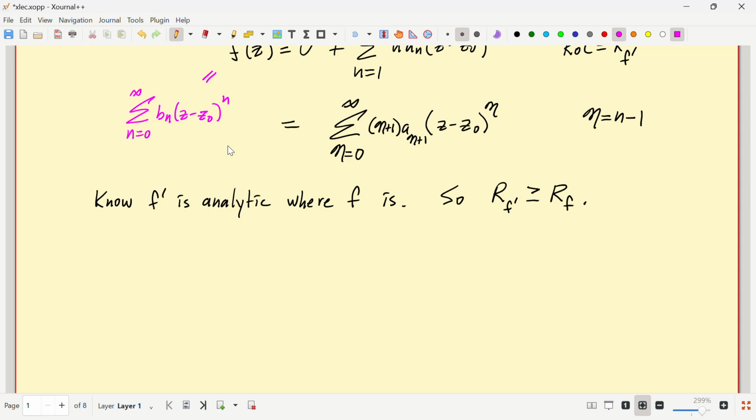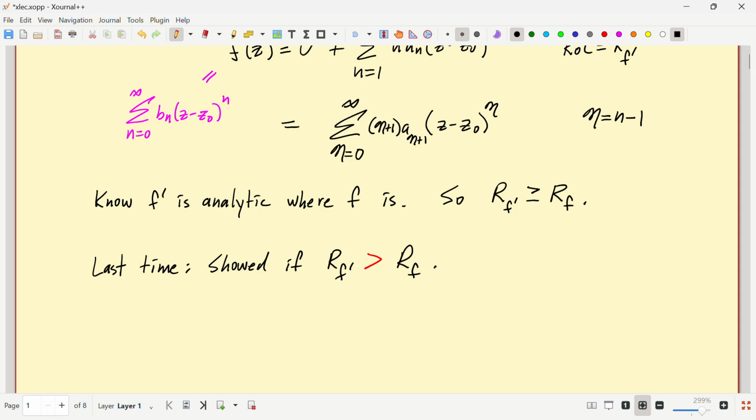So last time, I showed if the radius of convergence was strictly bigger, then you could take an antiderivative of that function.